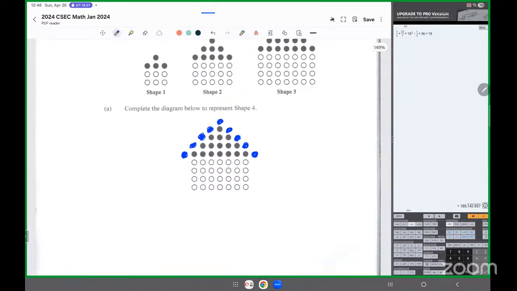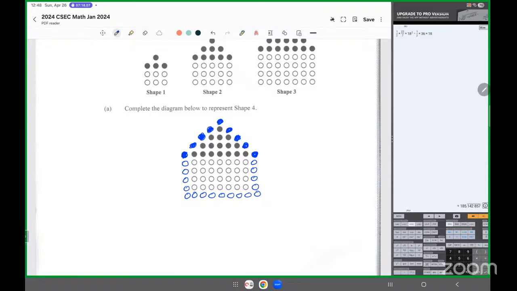A white counter here, here, here, here, and now going below this as well. And that is your next shape. That's what you should have.